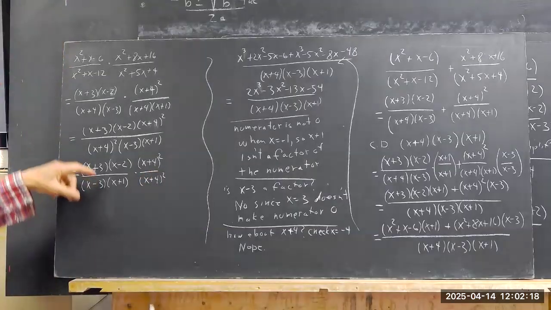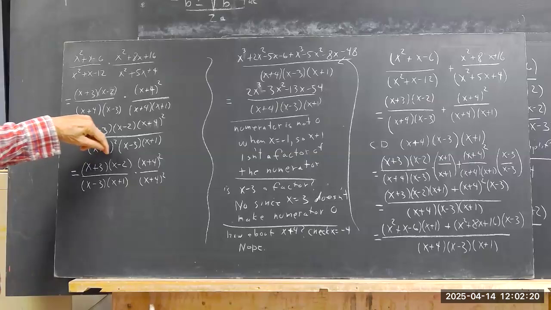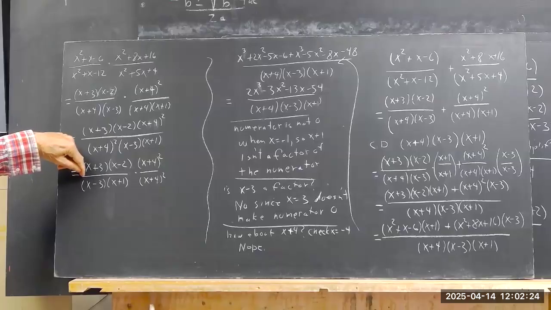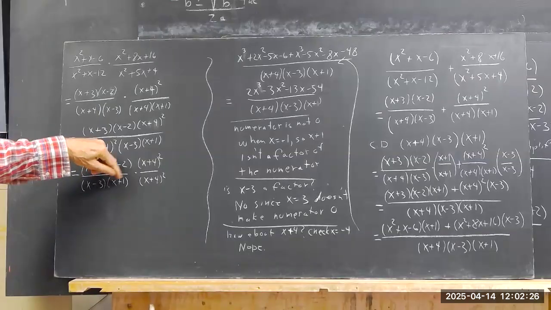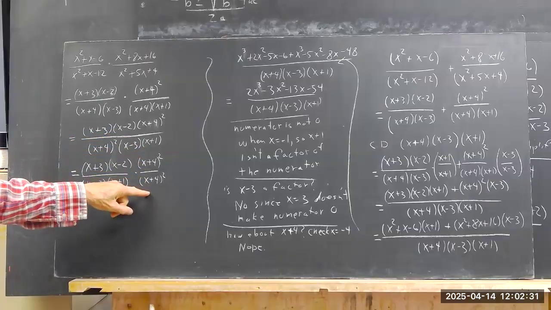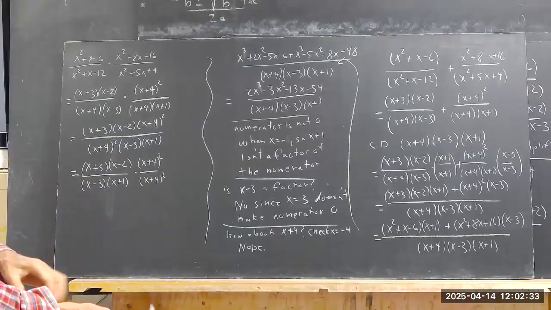So I have the rational expression x plus 3 times x minus 2 divided by the denominator x minus 3 times x plus 1, multiplied by x plus 4 quantity squared over x plus 4 quantity squared.